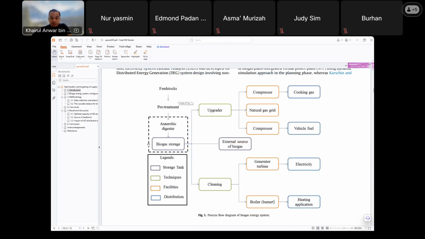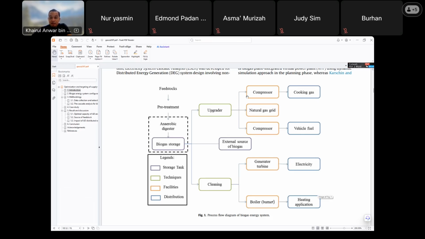So the gas is stored in the storage, and external biogas going into the storage. Then we have the cleaning, meaning you burn it for the heating application. Also burn it for the electricity.